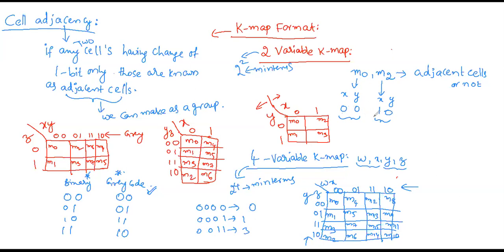X is 0, x is 1, so 1 bit change. Y is 0, y is 0. So here we have only 1 bit change between M0 and M2. So we can call these adjacent cells.